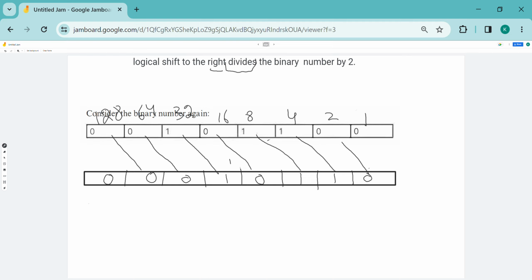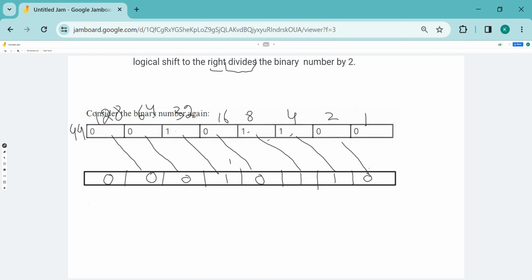If you are not familiar with this process, kindly watch one of my videos provided in the link to learn how to convert a binary number into a denary number. So for this binary number, we are going to add 32 wherever the bit is 1, plus 8 is 40, plus 4 is 44. So the answer of this binary number in denary is 44.